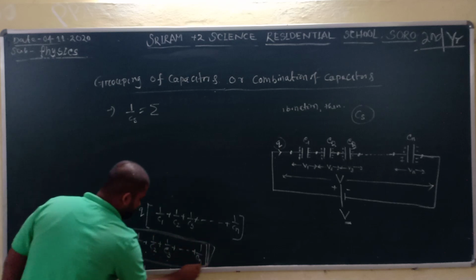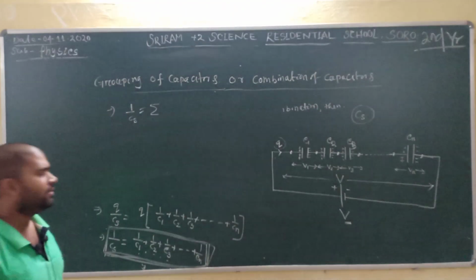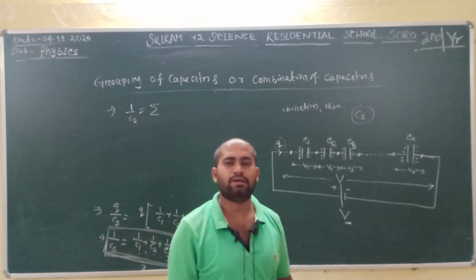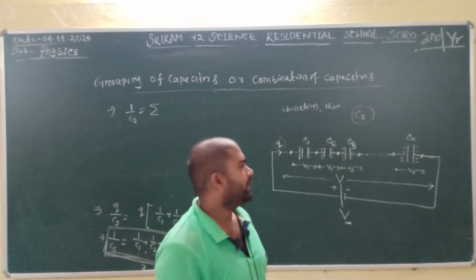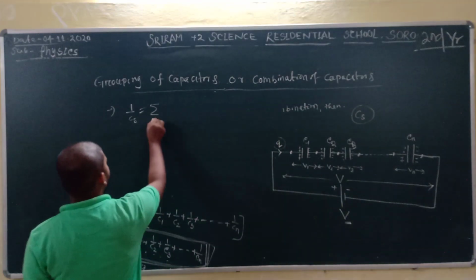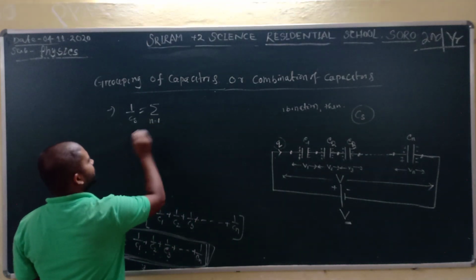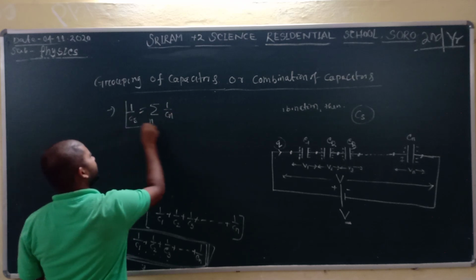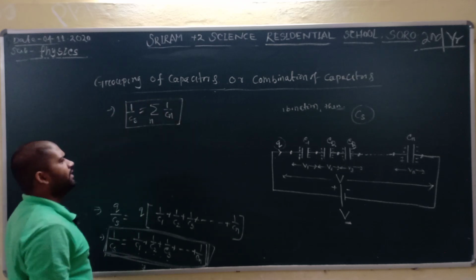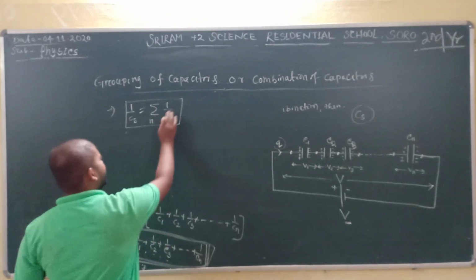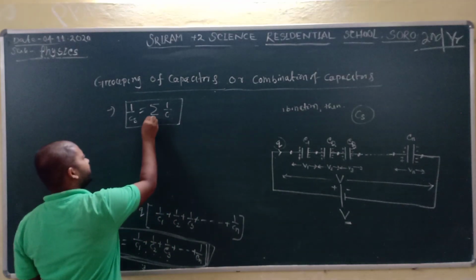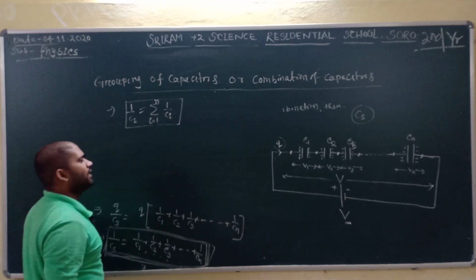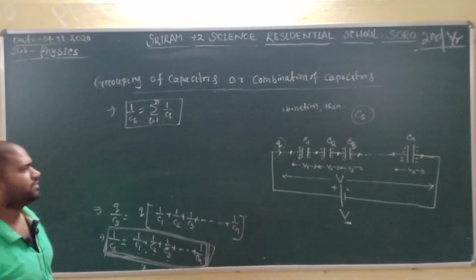Remember this: 1 by Cs equals 1 by C1 plus 1 by C2 plus 1 by C3 up to 1 by Cn. All lie in reciprocal form in series combination. So 1 by Cs equals the summation of 1 by Ci, for i equals 1 to n.